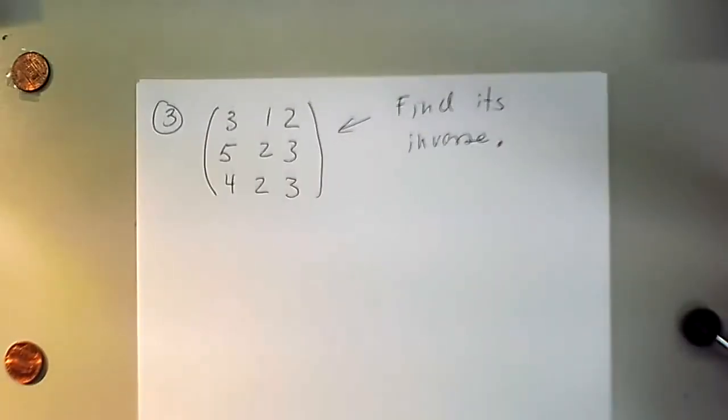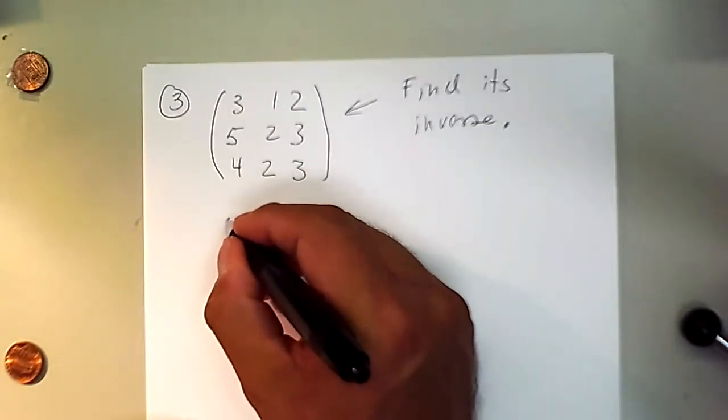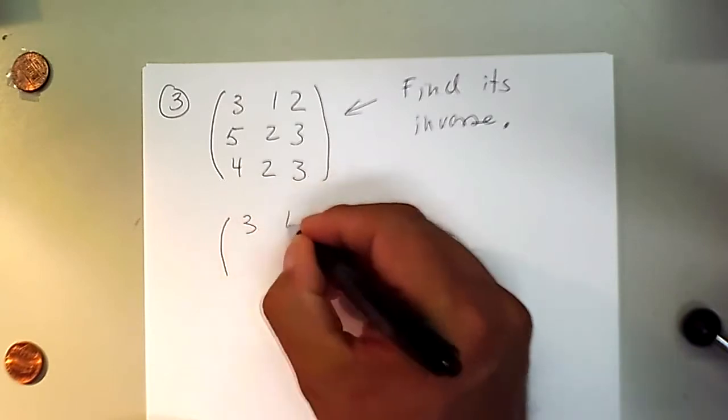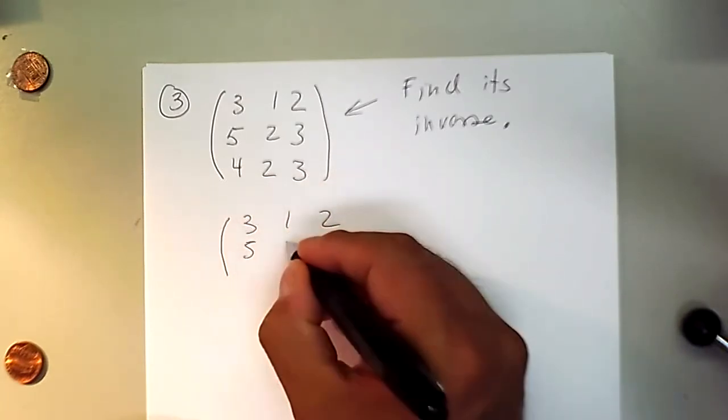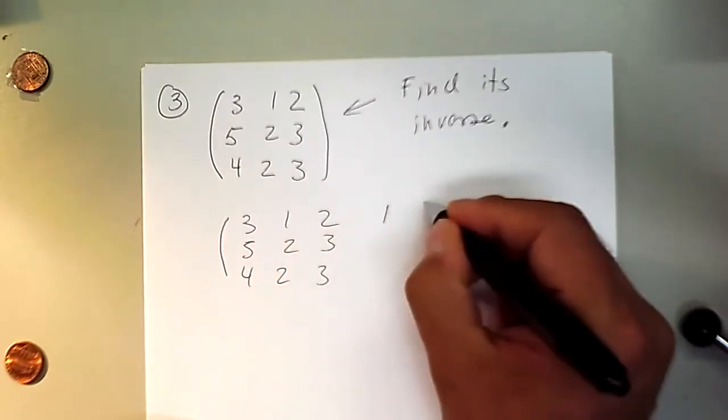All right. So let's use the Gauss Jordan elimination. 3, 1, 2, 5, 2, 3, 4, 2, 3, 1, 0, 0.